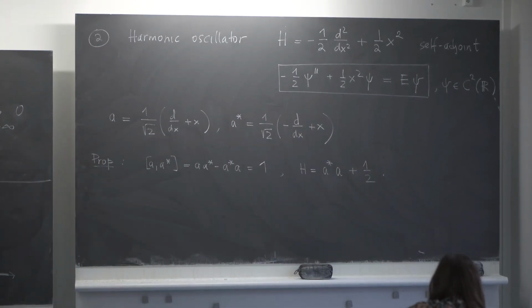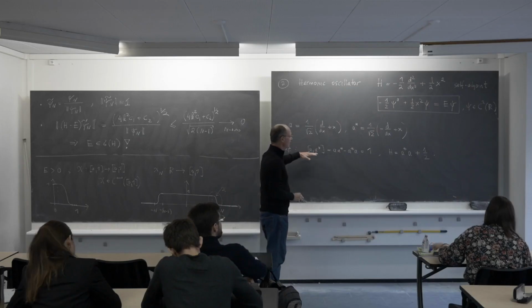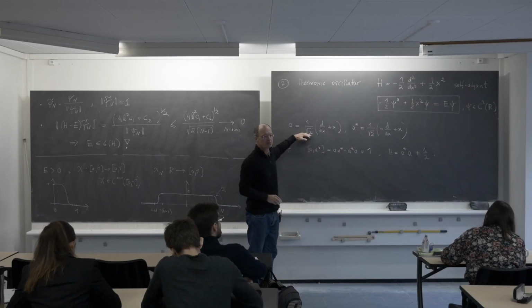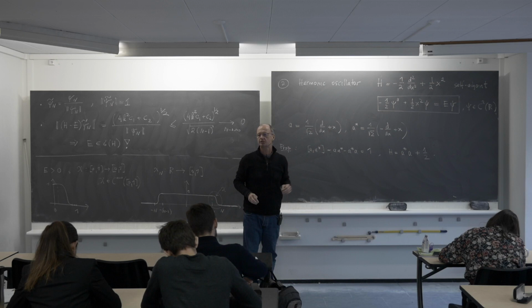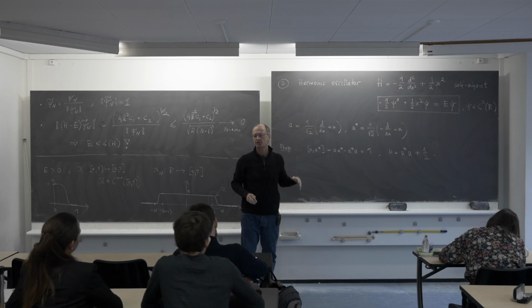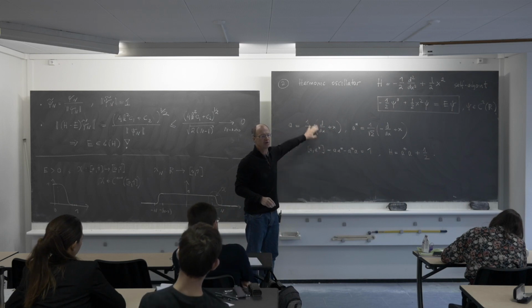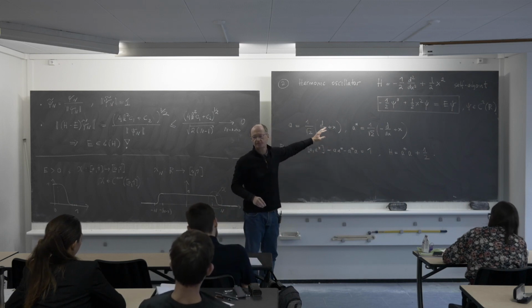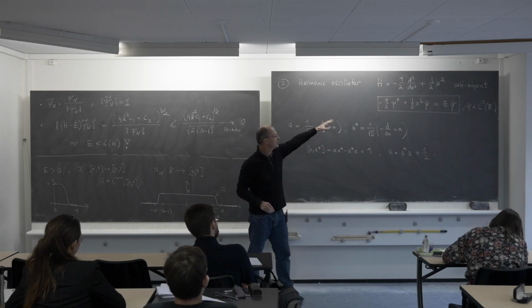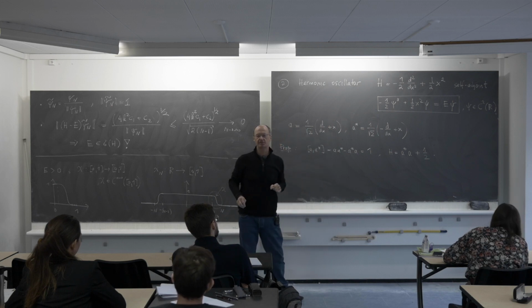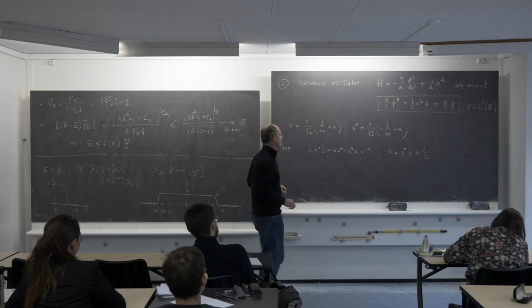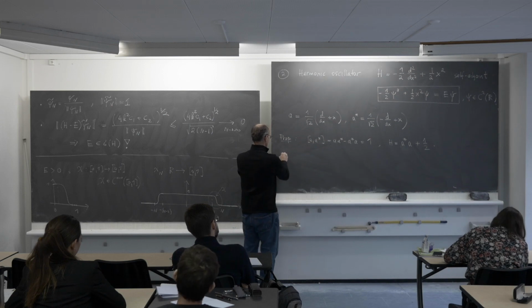Note that at the moment I'm thinking about those operators defined on something like C2 or maybe C infinity or maybe Schwartz class. So I don't think about the real domain of definition. I'm thinking of it as a differential equation, not spectrally.